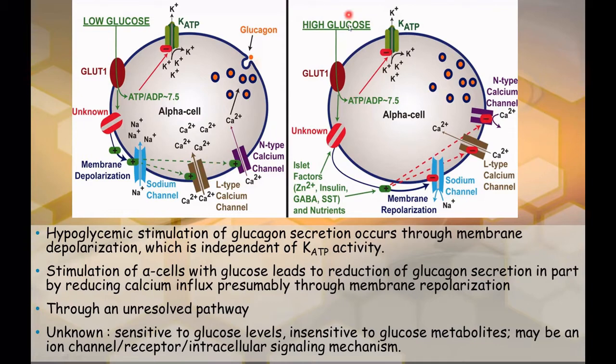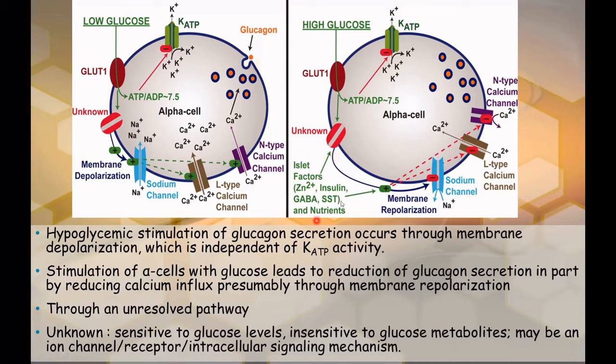And consider the situation of high glucose concentrations. You can see that the GLUT1 or the glucose transporter also activates the unknown sensor. Probably it is a glucose transporter itself.